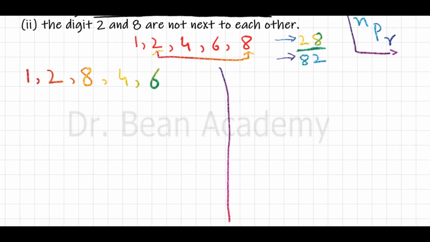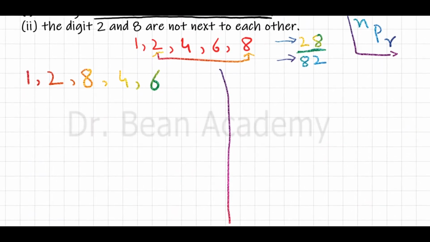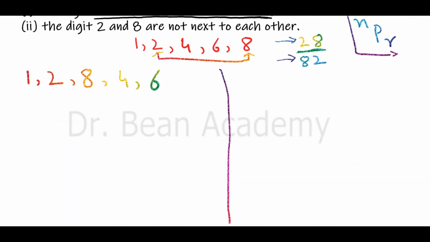But I just put 8 with the 2. On the right, I will write the same, but I will write 8 first and 2 after that, 4 and 6. Okay, so 2 and 8 are next to each other, right? On the left, the 2 is first. On the right, 8 is first, but they are together.